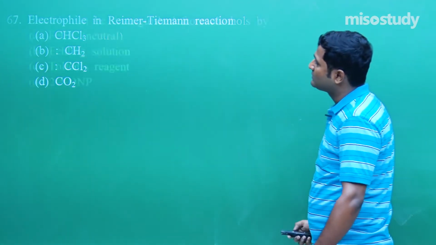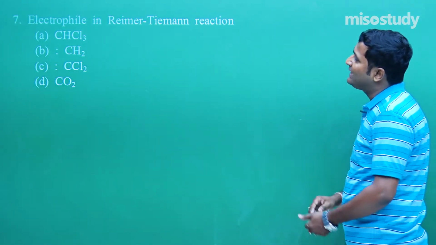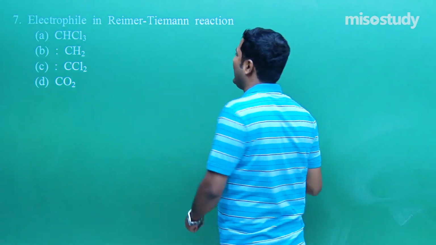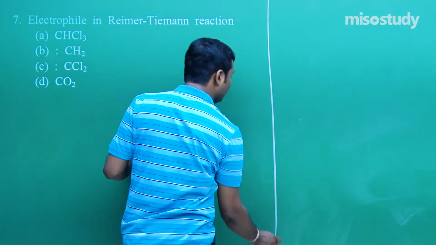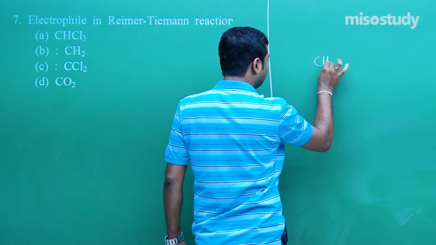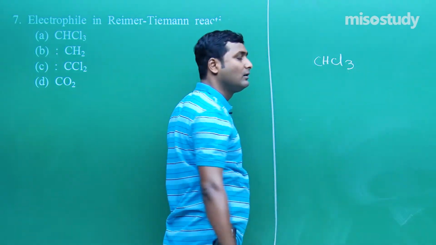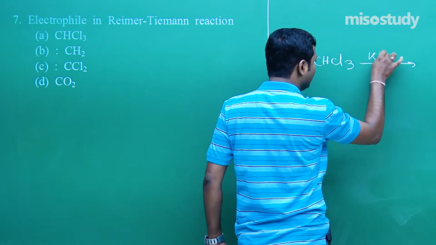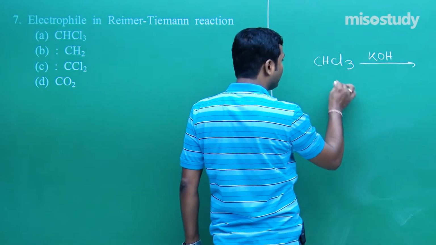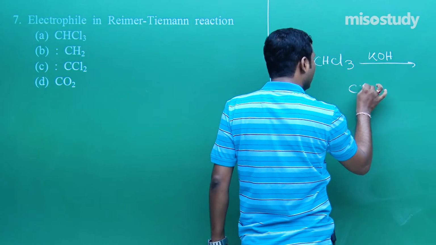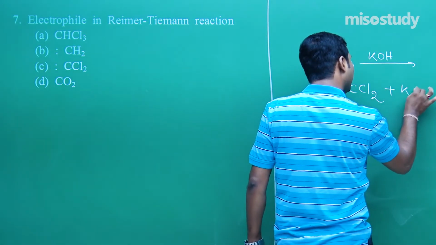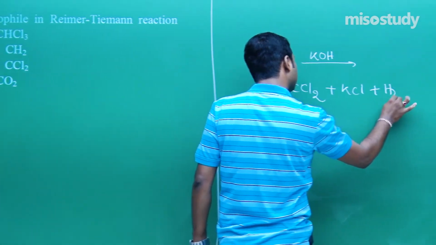The next one is 7. Electrophile in the Reimer-Tiemann reaction. This is a very simple question. I think now you can easily solve this question. That is, in the Reimer-Tiemann reaction, what do we take? CHCl3. This is chloroform. On treatment, it gives you CCl2 plus KCl plus H2O.